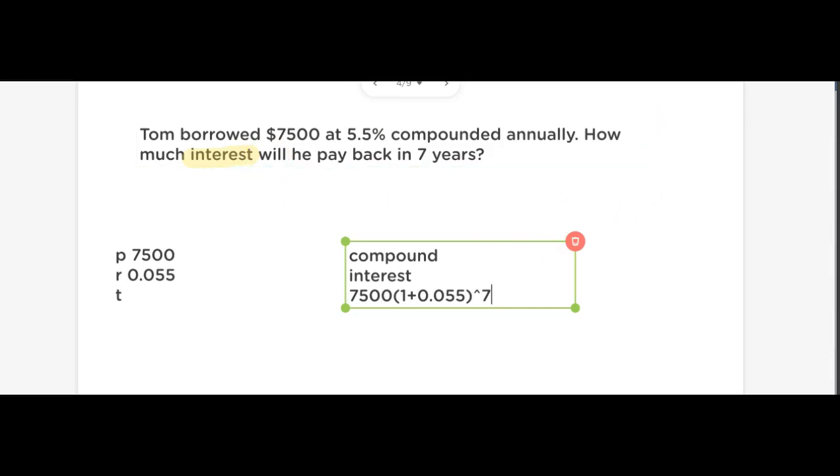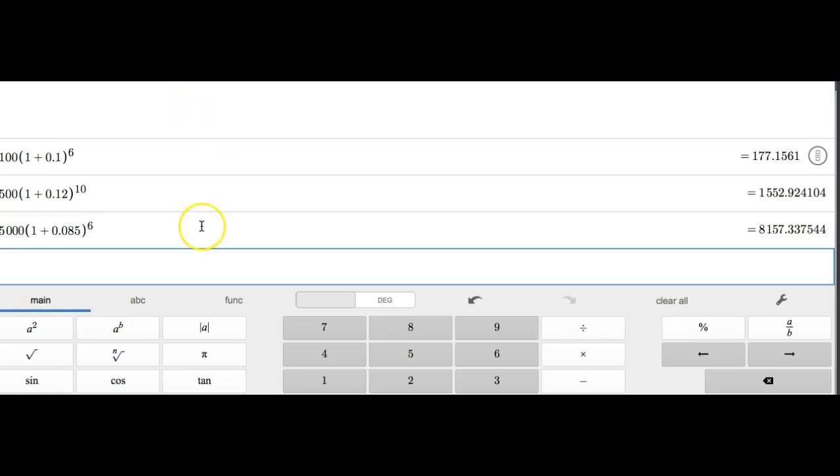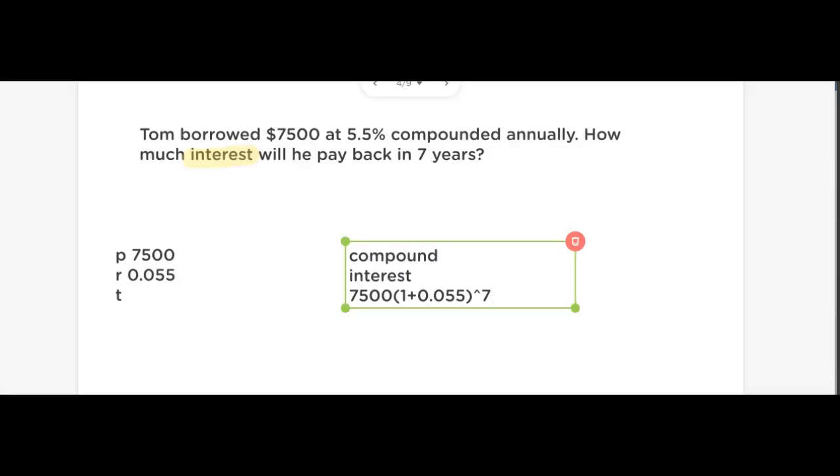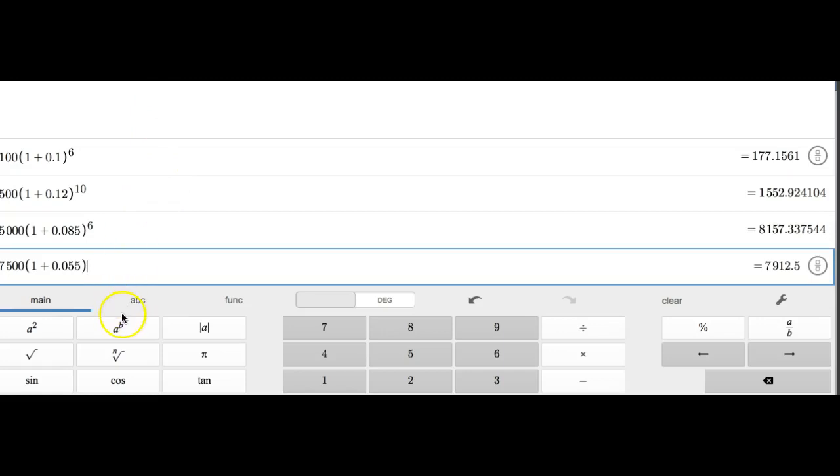Okay, so I'm going to go to my calculator, and that was 75(1 plus 0.055), and my time was 7 years. So I'm going to go here, raise to the 7th.